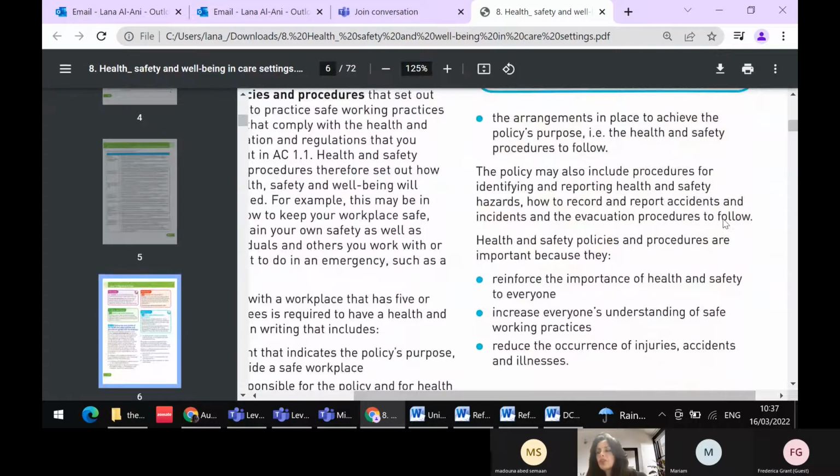And there should always be arrangements in place for health and safety to follow these policies. So we always need to have a procedure.